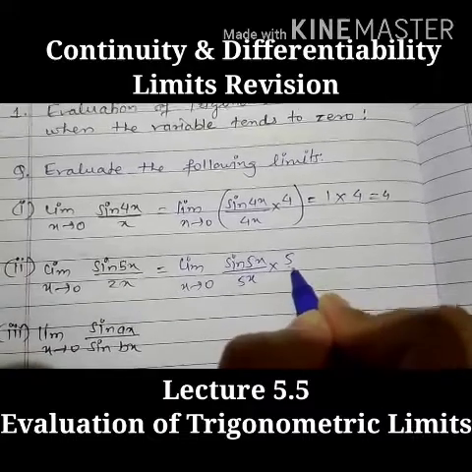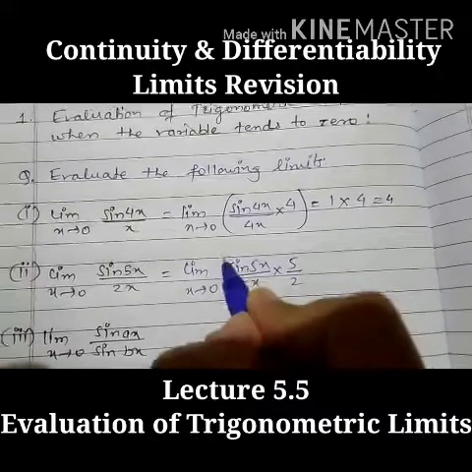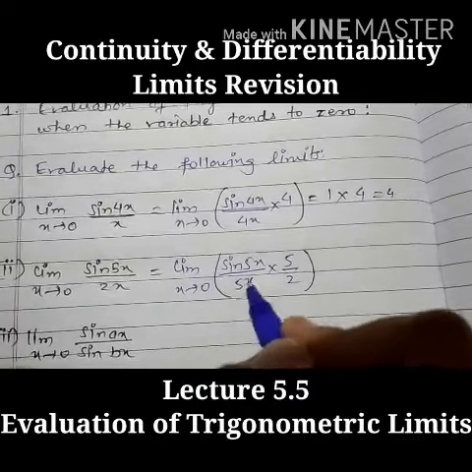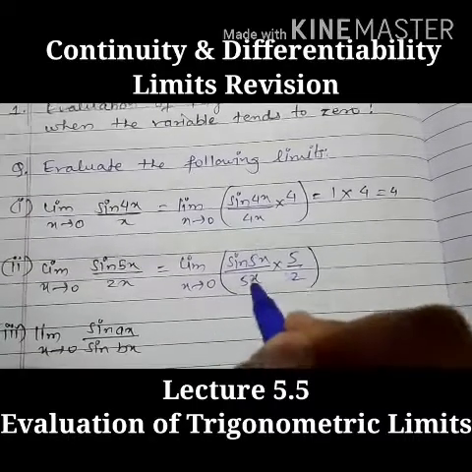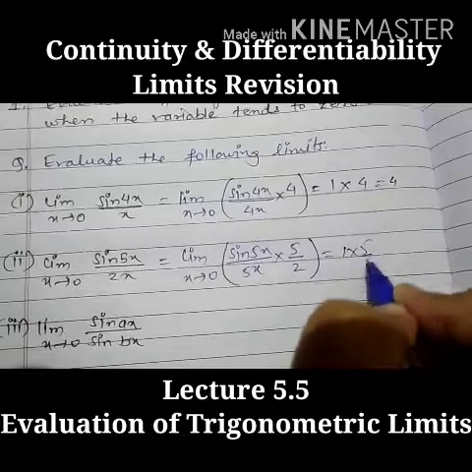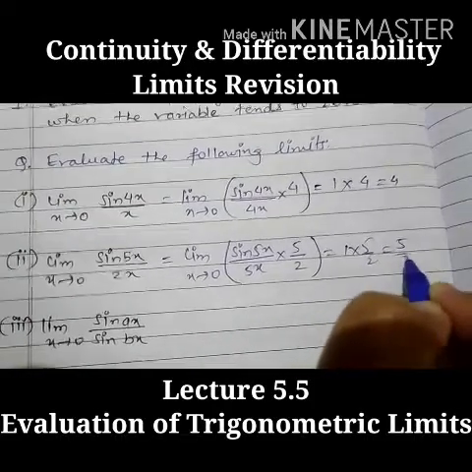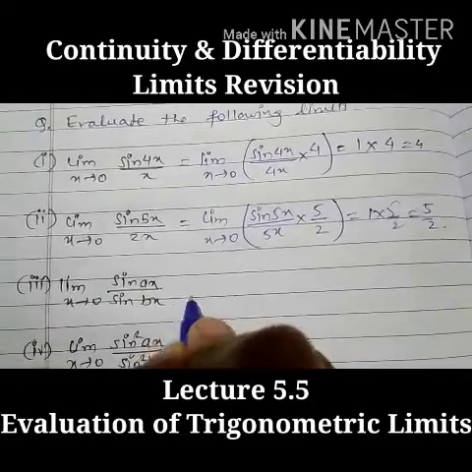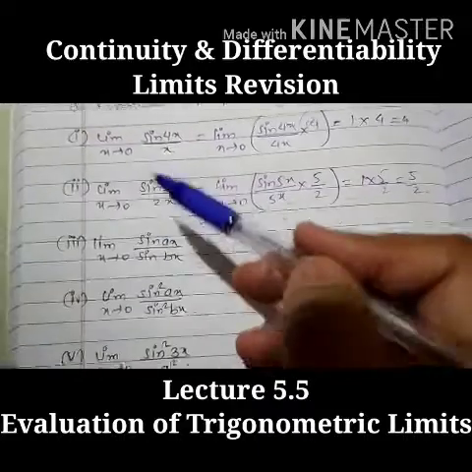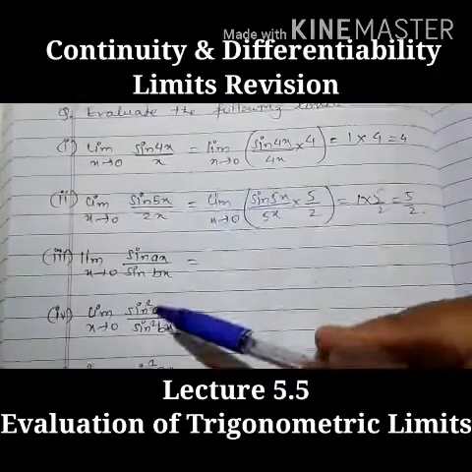And this 2 we'll write in the denominator separately. Now if we apply the limit inside the bracket, we get sin 5x by 5x is 1, and 5 by 2 as it is. So it is equal to 1 into 5 by 2, that is equal to 5 by 2. Understood?